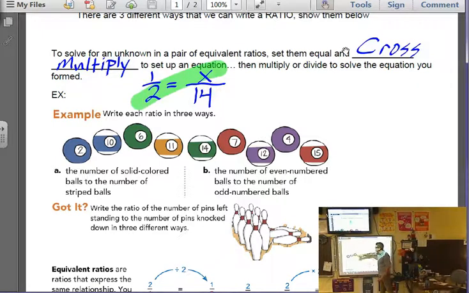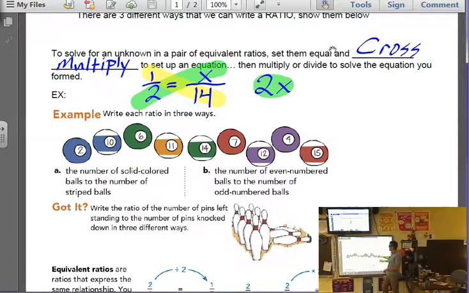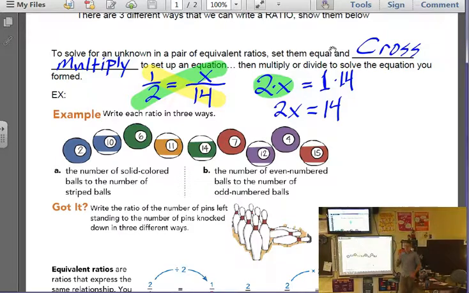We cross multiply, so you're multiplying diagonal products. We cross multiply the other cross multiplication and get 1 times 14. So that then gives me 2x equals 14. Now, like we started doing briefly earlier this week, we can isolate a variable by looking at what connects it to its number and then undo that.